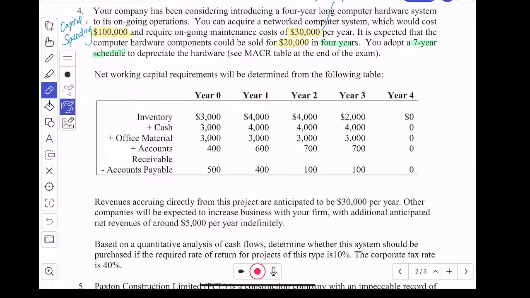All right, so this one is salvage, and I've just highlighted in green some other important data points.